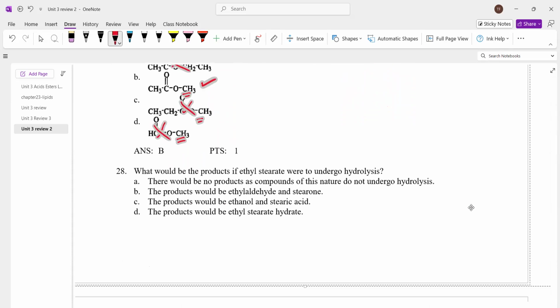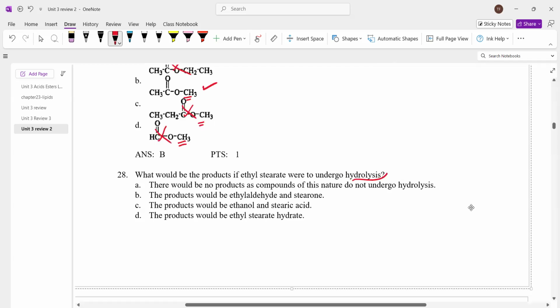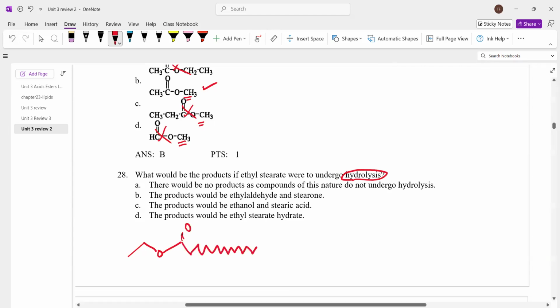Okay, hydrolysis means it's going to come apart. Okay, so we have ethyl. And stearic acid is 18 carbons long. So we have 1, 2, 3, 4, 5, 6, 7, 8, 9, 10, 11, 12, 13, 14, 15, 16, 17, 18.